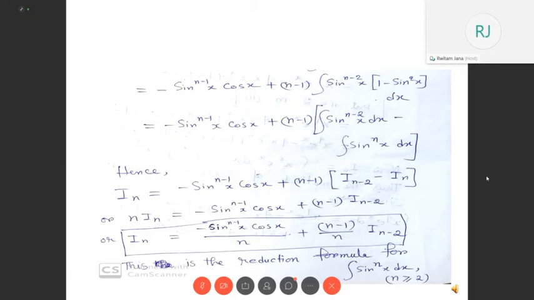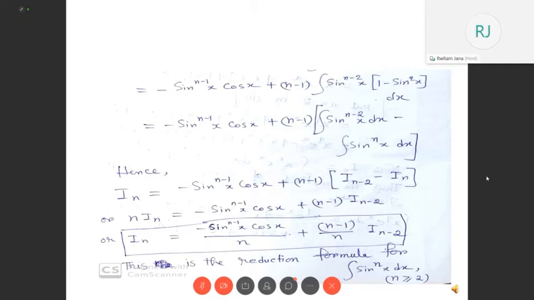So the integral of sine to the power n minus 2 x dx is equal to I suffix n minus 2.